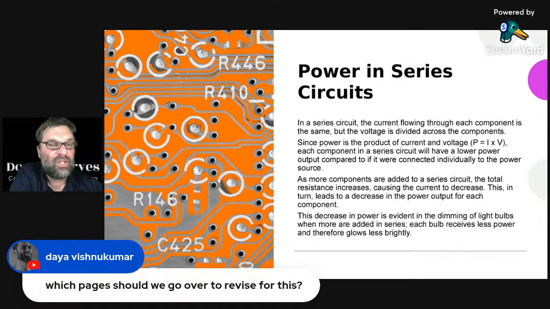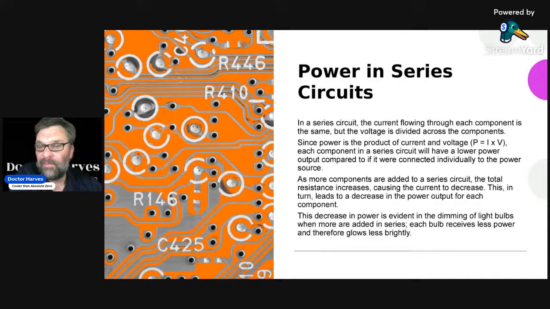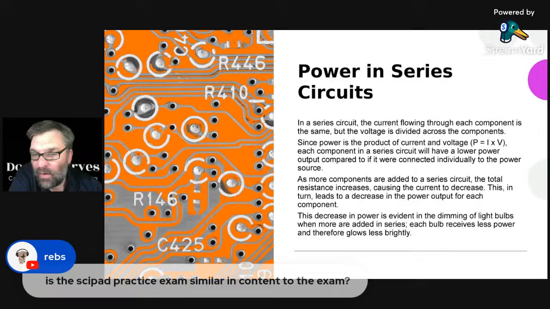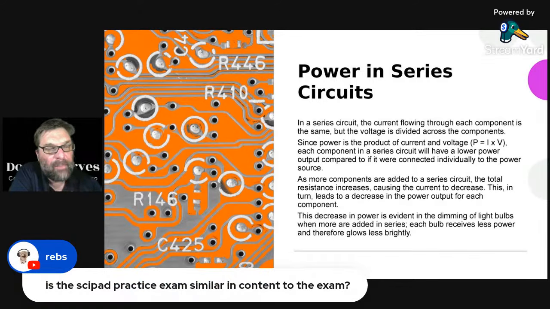What pages? In terms of the SciPad, it had everything. Good luck with that. Is the SciPad practice exam similar in content to the exam? Well, we haven't seen the exam. We don't know what's going to actually be in it. We're only guessing based on what we've taught. But I would suggest the SciPad practice exam will probably be very close to it.